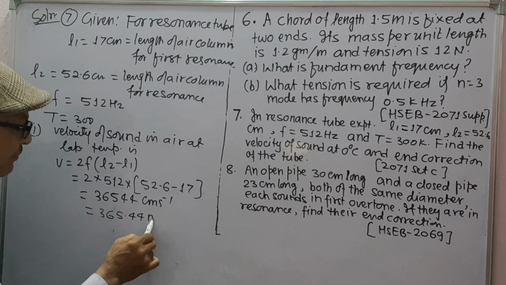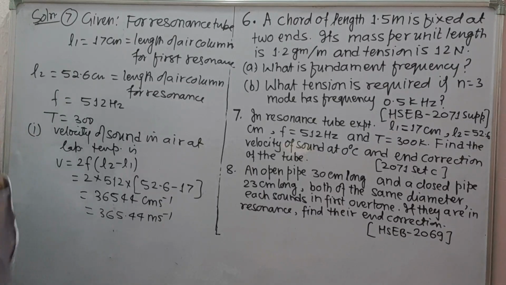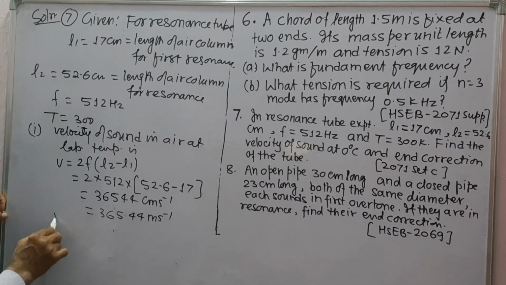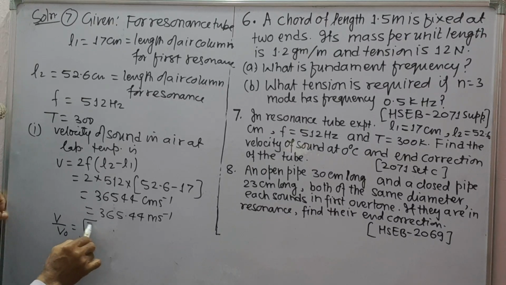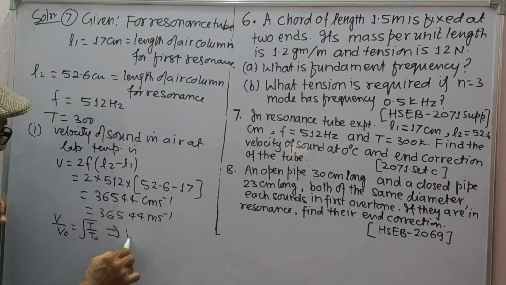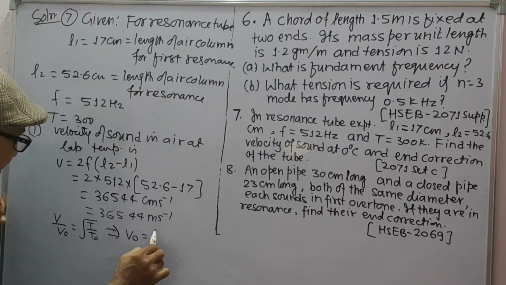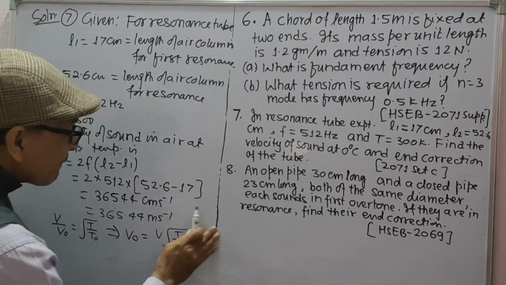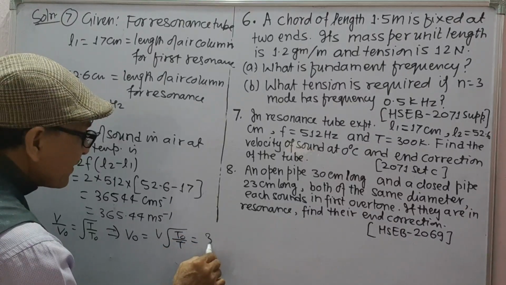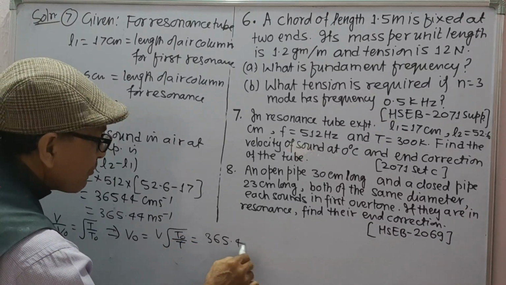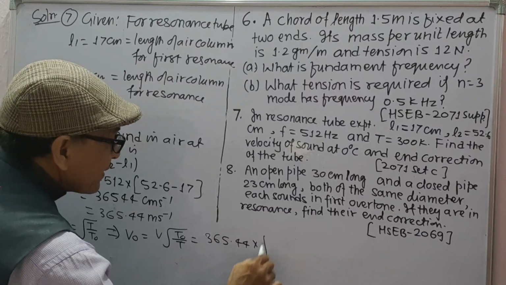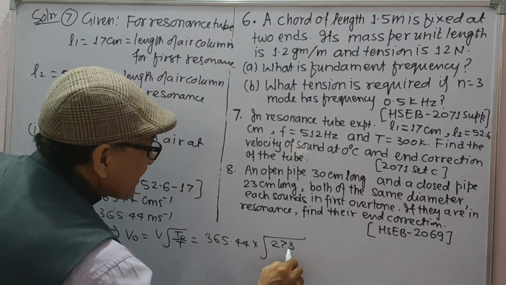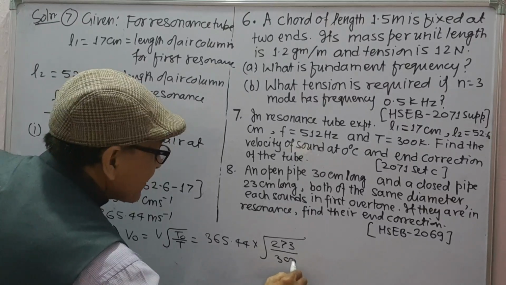365.44 meter per second. Now we know V upon V naught will be equal to square root of T upon T naught. This gives V naught as V into square root of T naught upon T. Values are known, 365.44, and T naught means 273 Kelvin upon T 300.